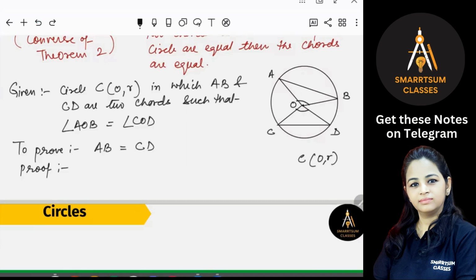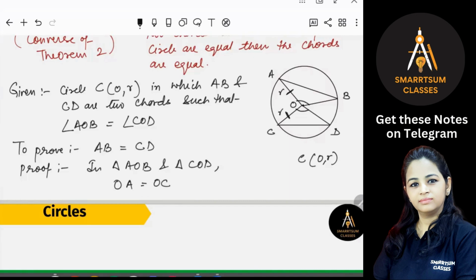So write down, in triangle AOB and triangle COD, what we have here: OA is equal to OC, isn't it? Why?